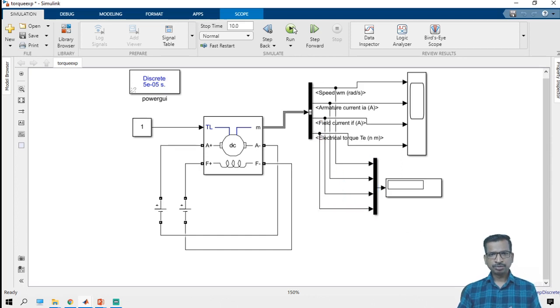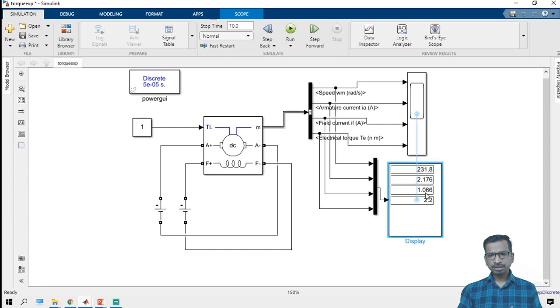Now just run the value. See here, this is the equivalent value. So the motor speed is drawn like, sorry, this is radian per second.